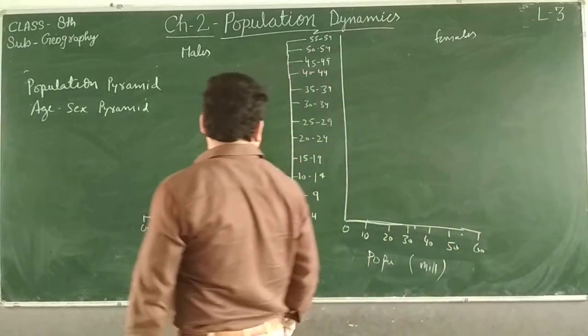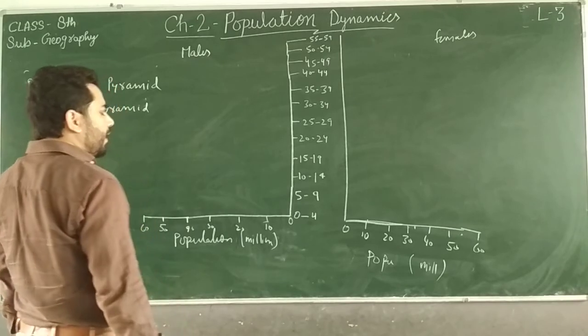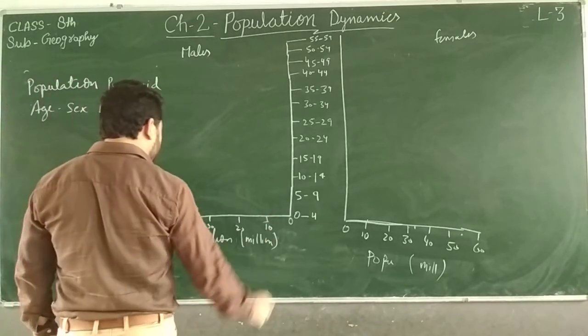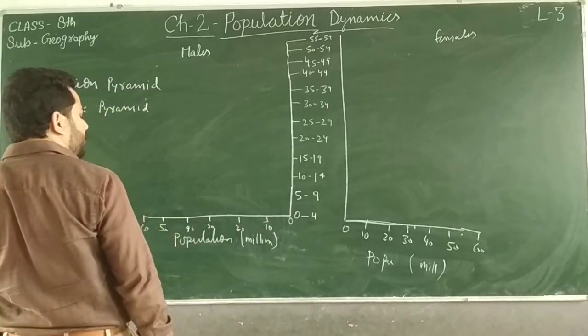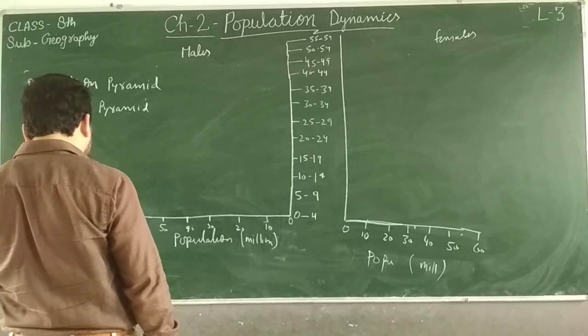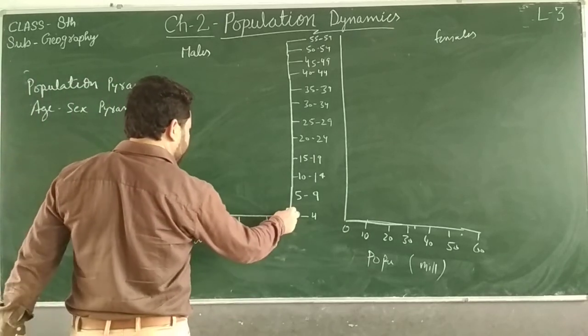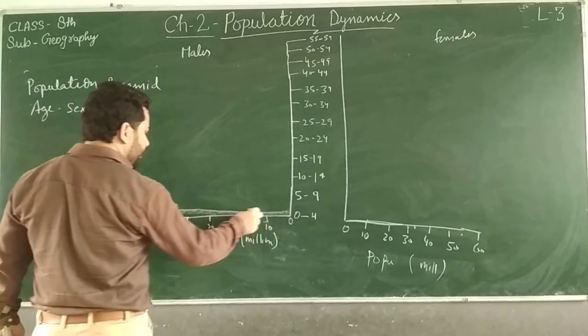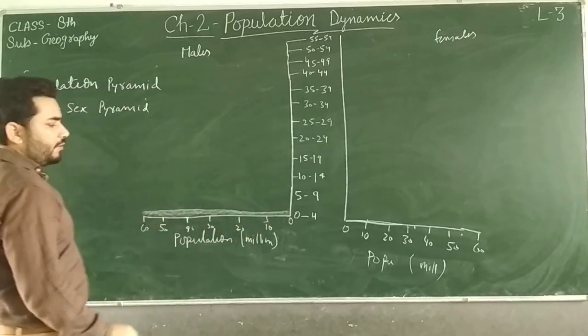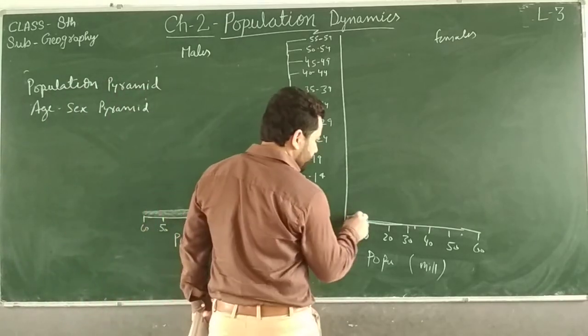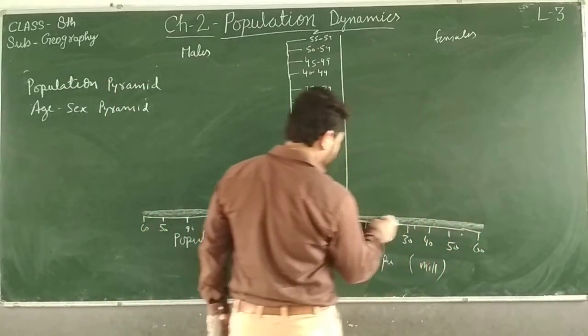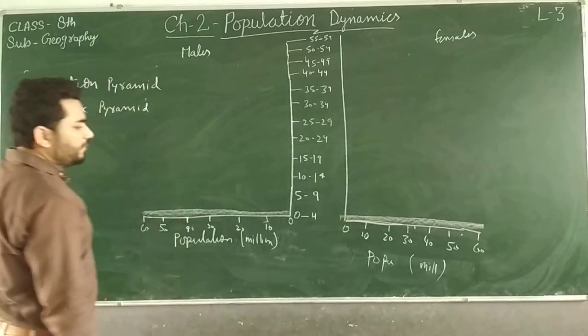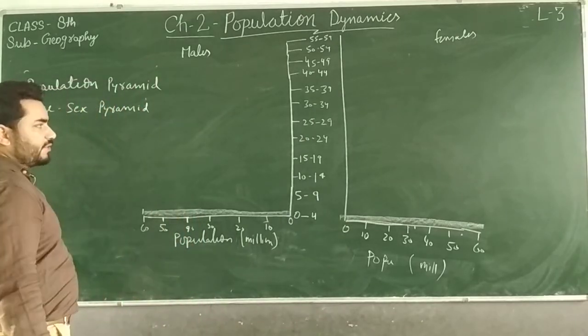So if in a country like India the birth rate is higher, then around so many children are taking birth. Suppose 60 million children are taking birth every year. So like this we will draw, here it will come up to 60.